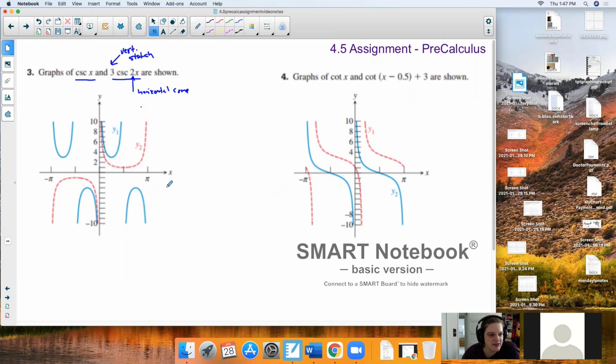I don't actually have a good sense of which is which, so let's see. Vertical stretch, which would mean it's horizontally compressed. Oh, so that's gonna be this one. So y1 is this one, and then y2 is gonna have to be this one of the original. Because if we're vertically stretching, it's gonna get skinnier. If we're horizontally compressing, it's gonna get skinnier. And so that's what's happening there.